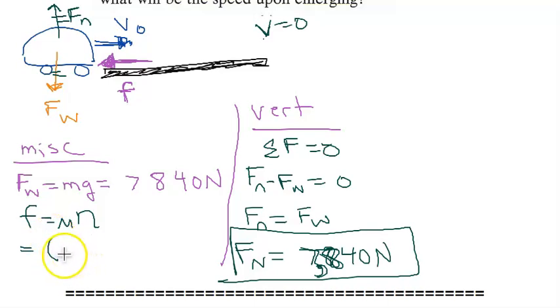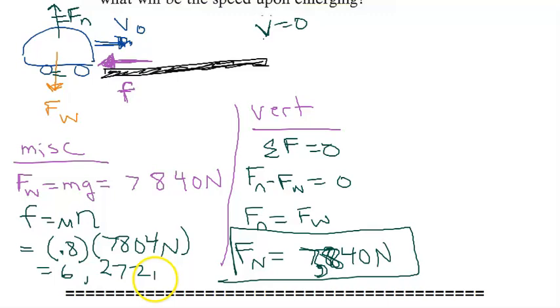And friction was 0.8 because you want a lot of friction to not skid out. So the force slowing that car down is 6,272 newtons. So again, I like to have these calculations over here so that keeps the other columns a little bit more organized.